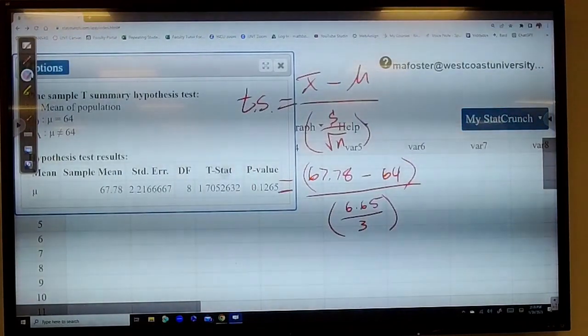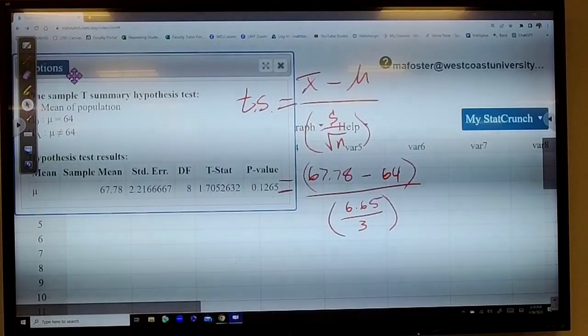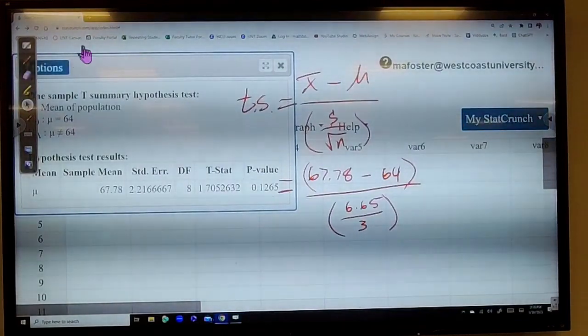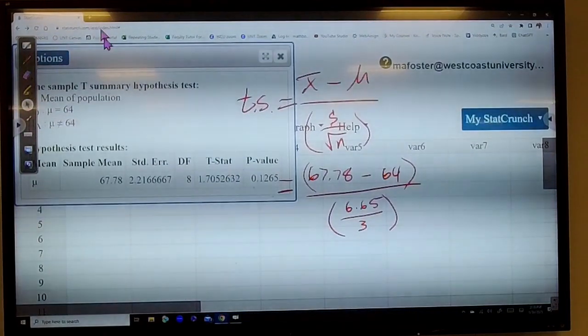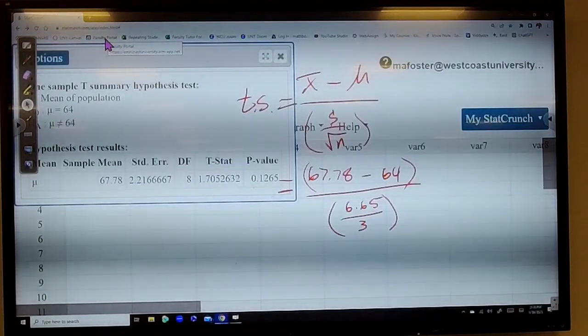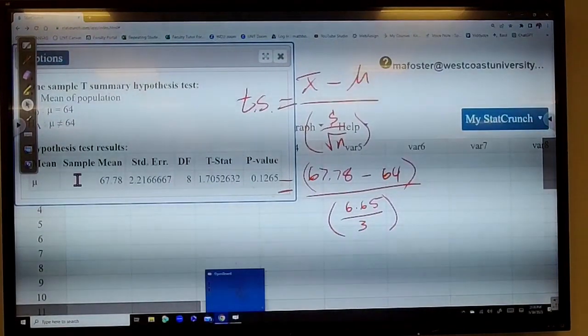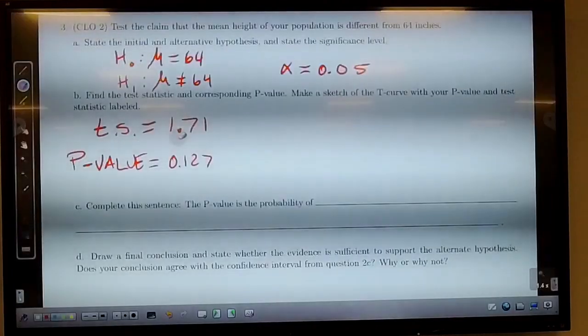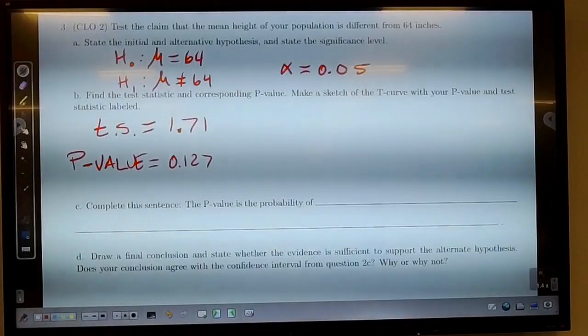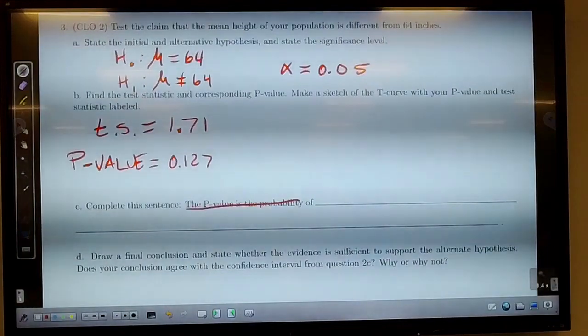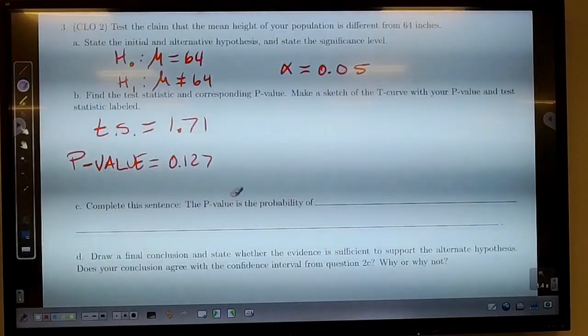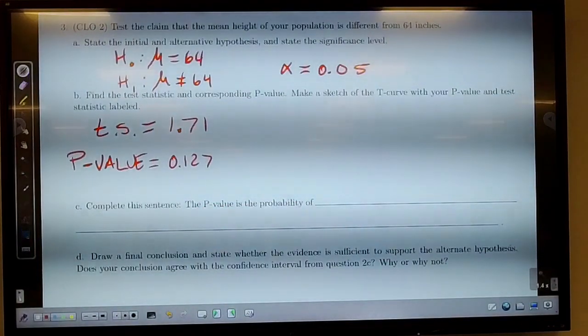What is this p-value? What does it do? Where did it come from? That is true. In fact, I'm glad that you said that. Let's go ahead and fill out that part of the assignment. Complete this sentence. The p-value is the probability, and what did you say?